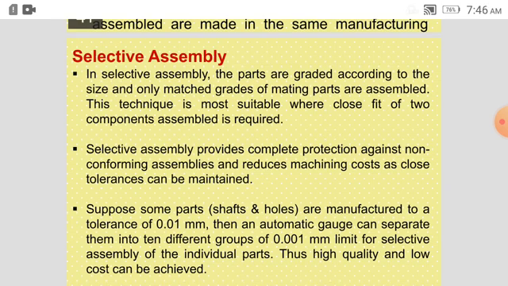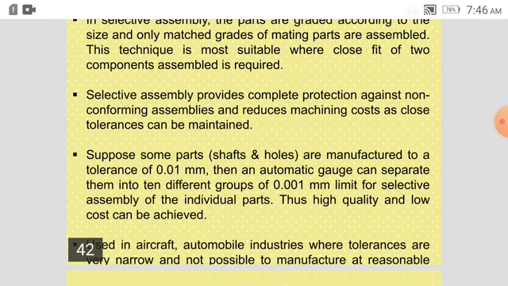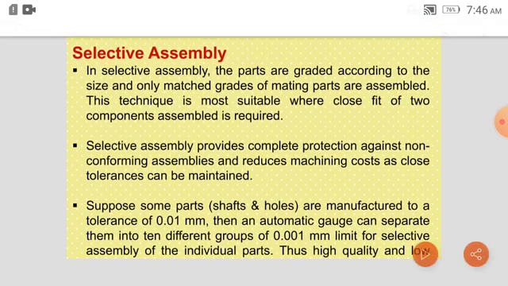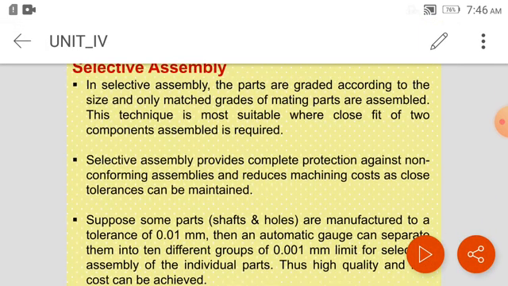So the fits obtained will be very close, right? Whenever we require this, selective assembly is used. Whenever we are going for some sophisticated product, as in aircraft industries or automobile industries, where safety and security and the assembly are of prime importance, at that time we go for selective assembly.